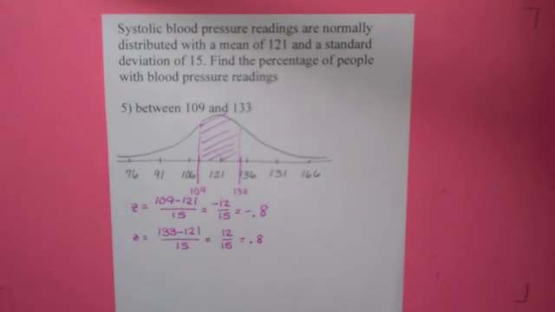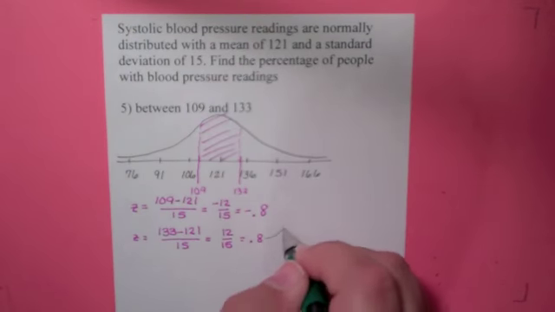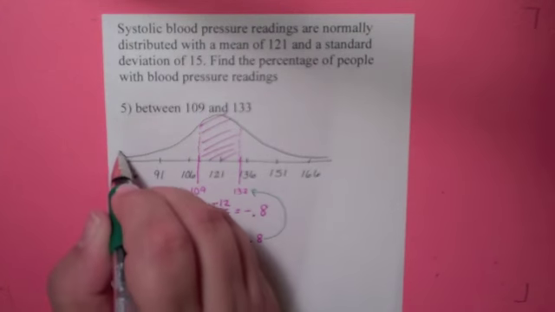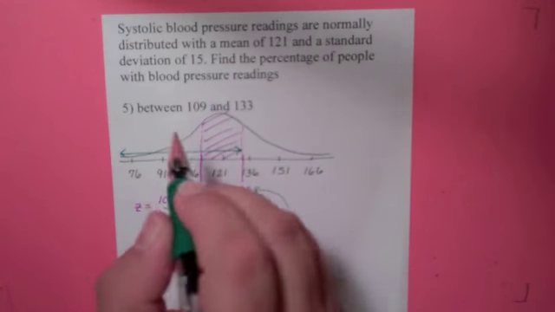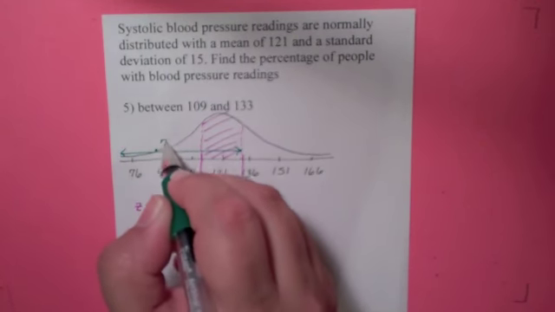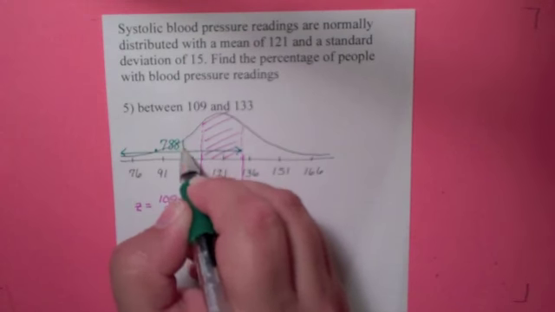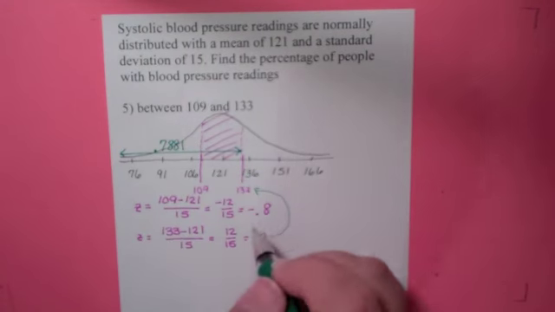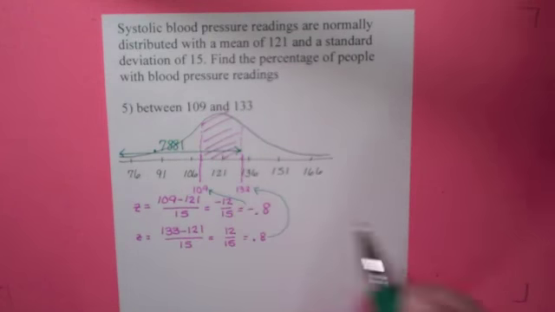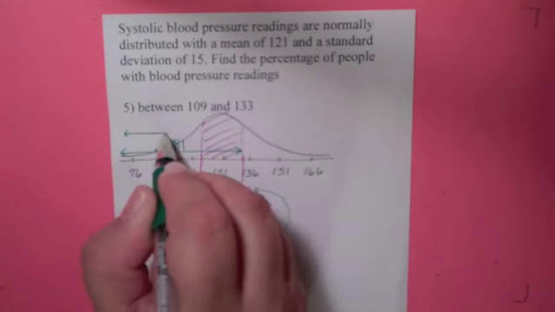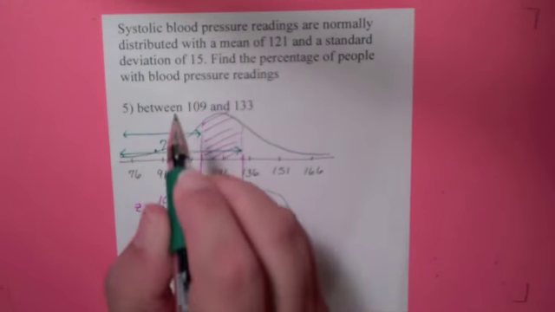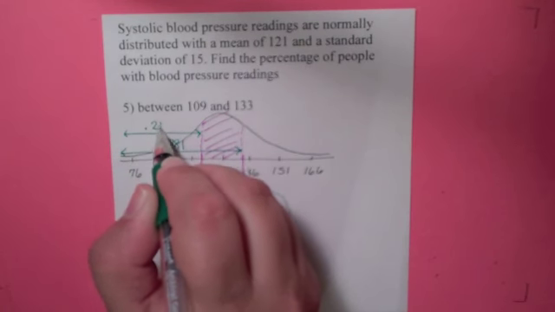Okay, look up these z-scores in your table. I'm going to start by looking up 0.8, and remember this gives you area to the left, which is 0.7881. Then I'm going to look up negative 0.8, and the area to the left is 0.2119.